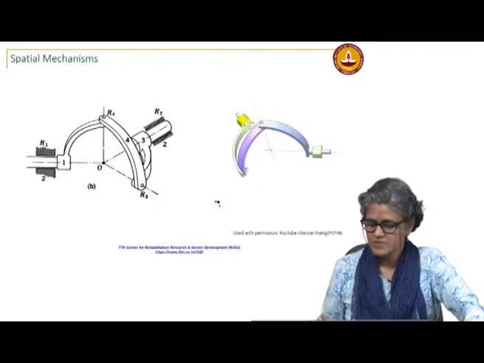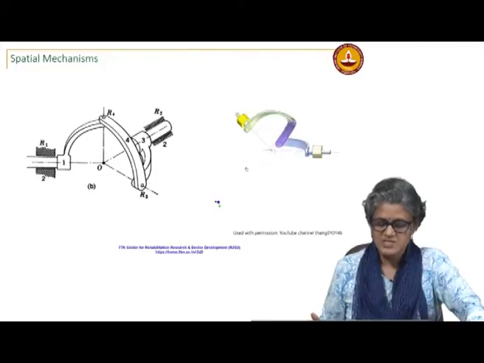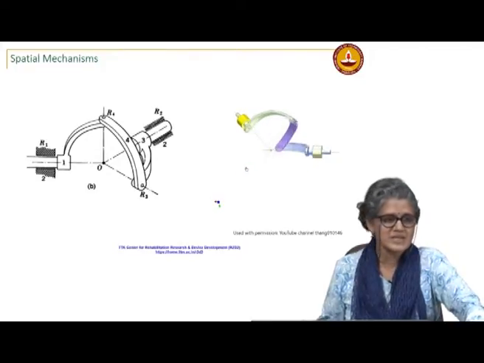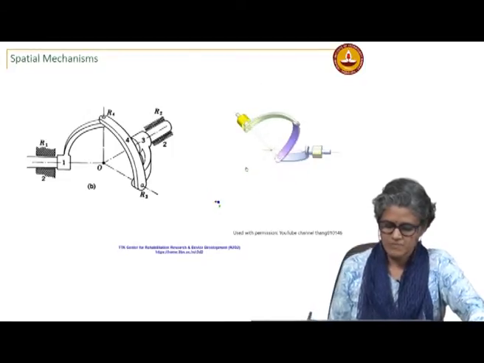Okay. You can see that the axes always intersect and the motion is spherical. So, these spherical mechanisms are a special case of spatial mechanisms. This is also the same one, right?